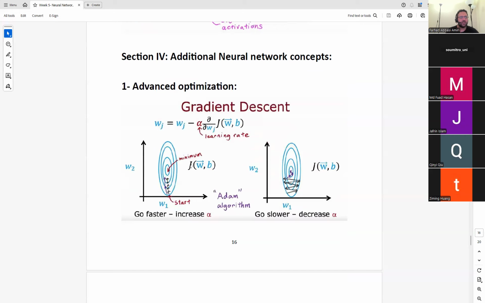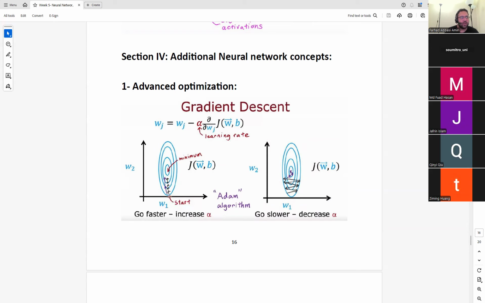And you remember that the contour of the cost function with respect to W1 and W2, two parameters, is something like this, right? For example, if you start from this point and take baby steps, then come here, take another baby step, come here and here, up to this minimum point or optimum point, right?